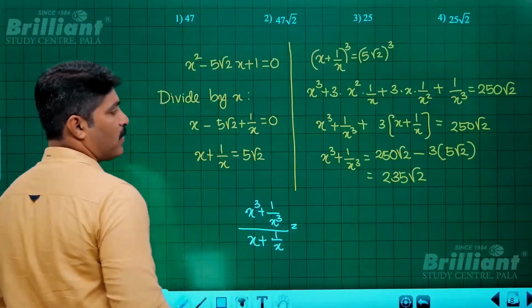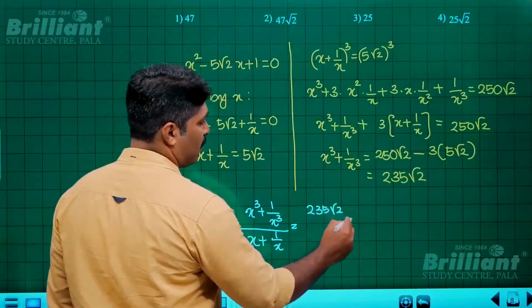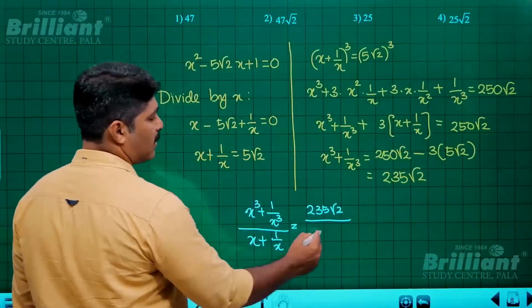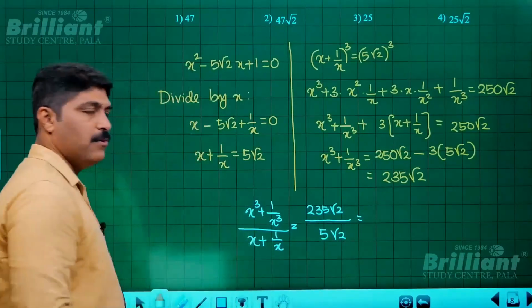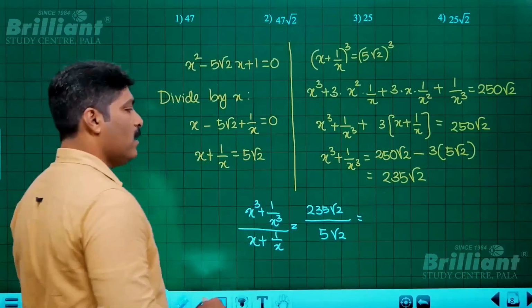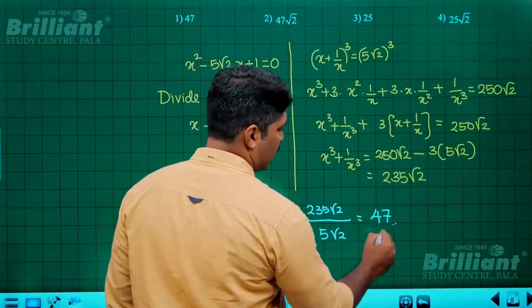So what is x cube plus 1 by x cube? That is 235 root 2 divided by x plus 1 by x, that is 5 root 2. Here root 2 gets simplified. This 235 by 5 is equal to 47.